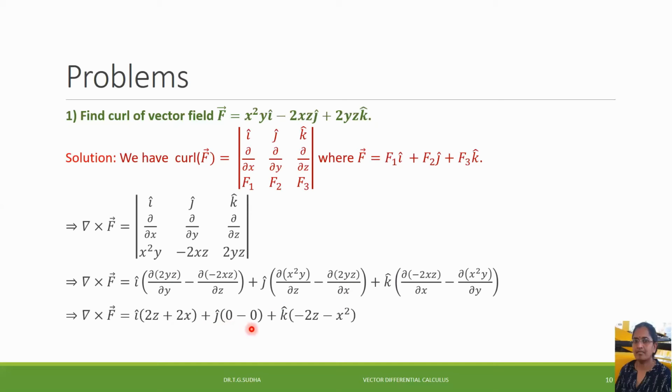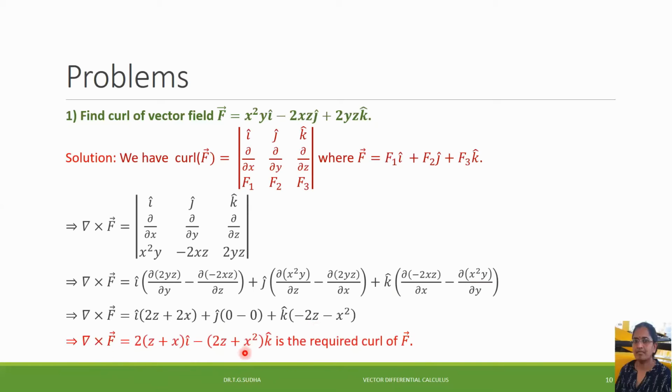So we get plus j into 0 minus 0. Similarly plus k into, here we have the partial derivative with respect to x, so we need to write minus 2z. And here minus the partial derivative with respect to y, so we get x square. So this is what we get after finding the partial derivatives.